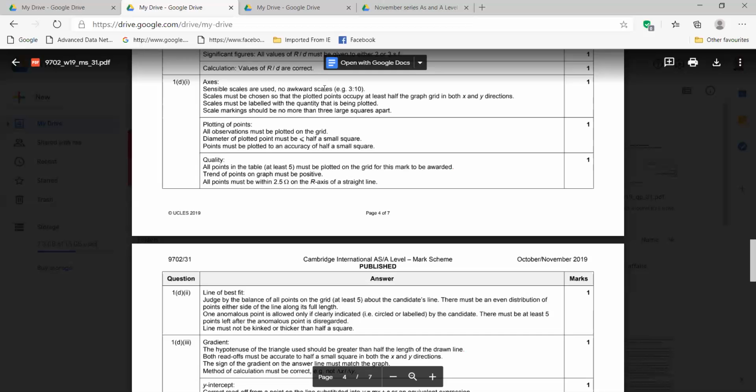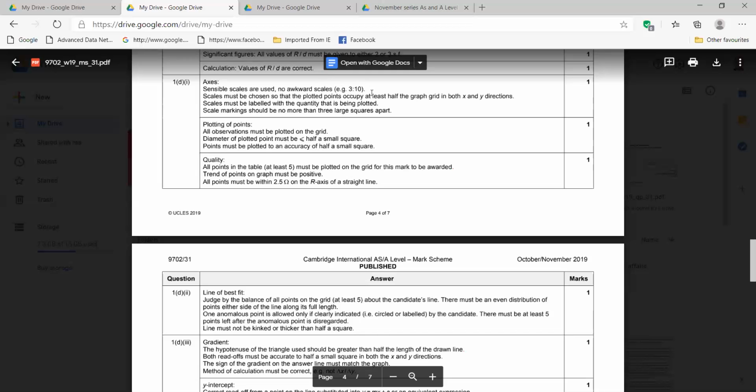Now this one you understand, 3 is to 10. It's a ratio. For a big square you have 10 small squares.